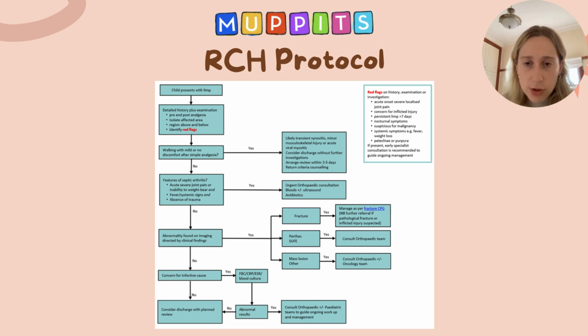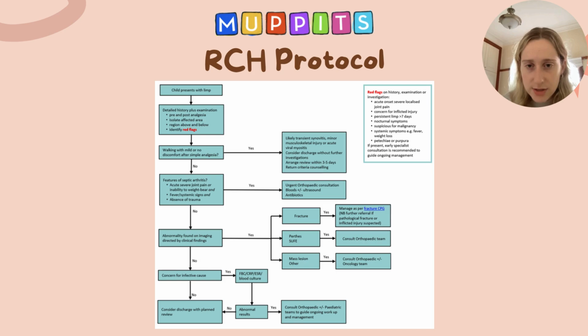And getting the child to walk during this assessment is going to be most helpful. If the child's unable to walk and there's features of septic arthritis, then you're going to do an urgent orthopedic consultation. You might do bloods and an ultrasound and commence antibiotics based on the discussion you have with the surgeons.